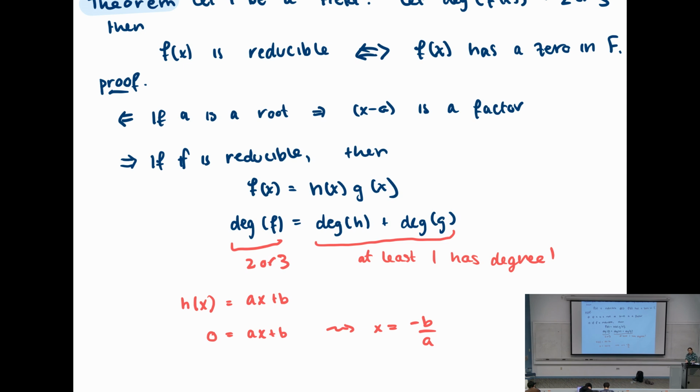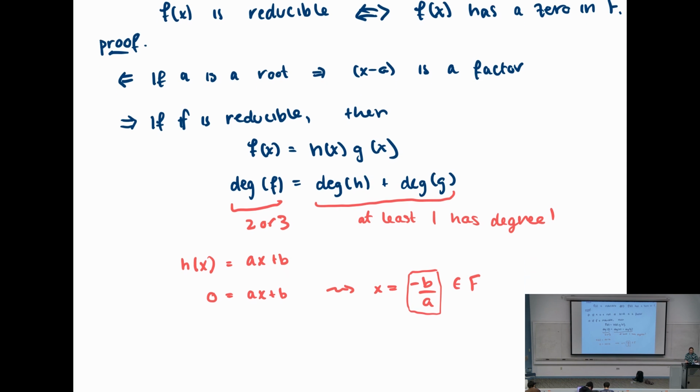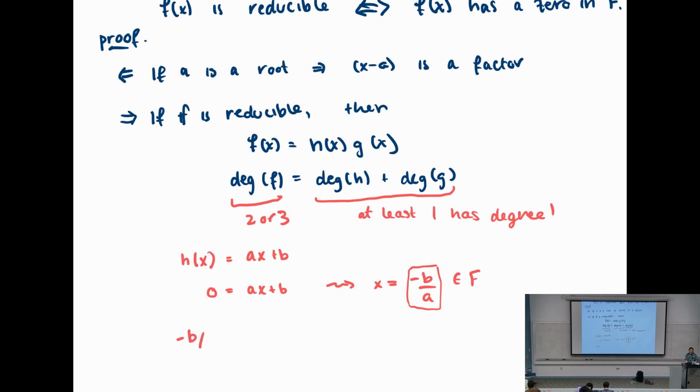And this is something that we can write because our coefficients are assumed to be over a field. So I'm allowed to divide by a. So that means that this element, minus b over a, is a root of my function f over the field F. Does that make sense? Are there questions?